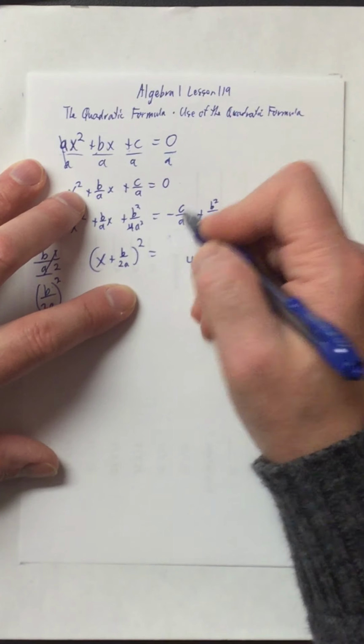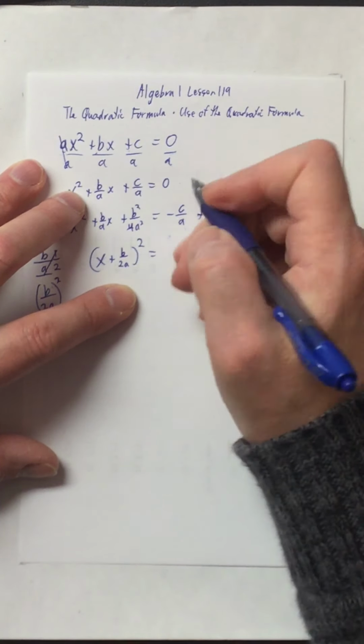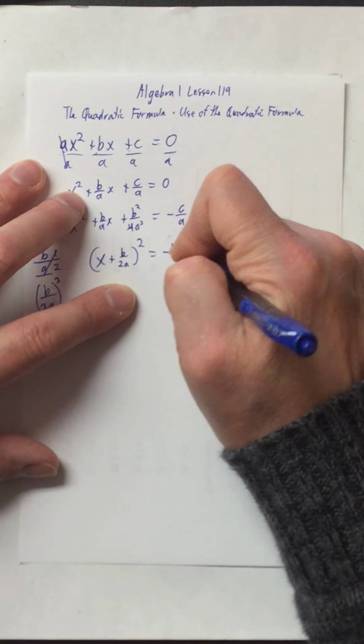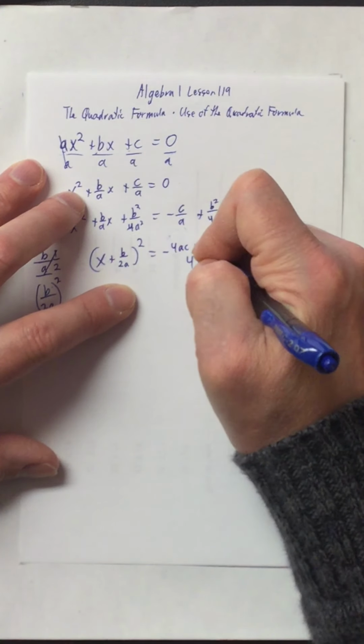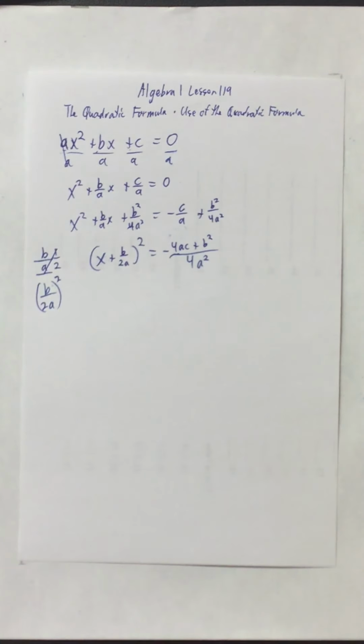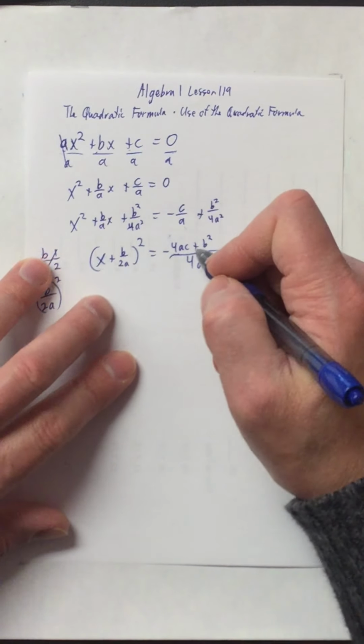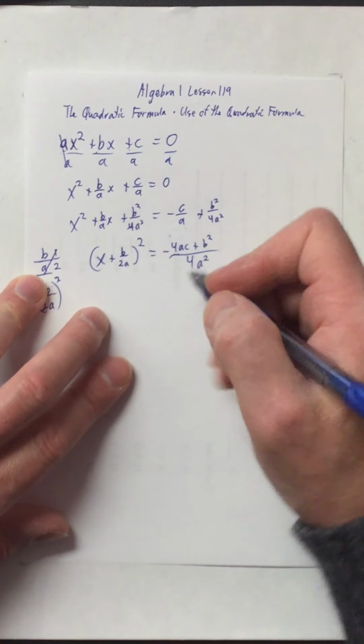This one has one a, but it doesn't have the 4 or the other a. So minus 4ac plus, and then the second part doesn't change. All right, so using our math there, looks like that. Okay, and then in the book they actually had the order switched for those.